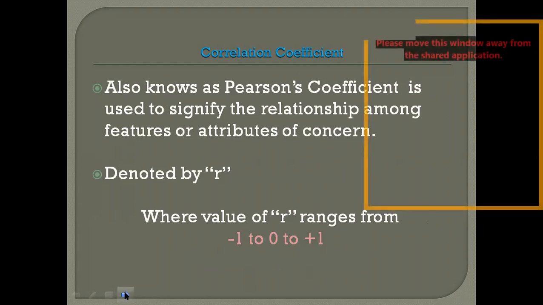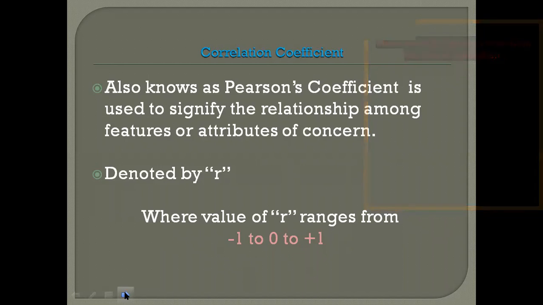Some of you who may be knowing or are about to launch into machine learning or artificial intelligence or your own problem solving may find a term called Pearson's coefficient, which is the same as the correlation coefficient. So don't get confused. This is the same as Pearson's coefficient, and it helps you signify the relationship among the features of your concern.